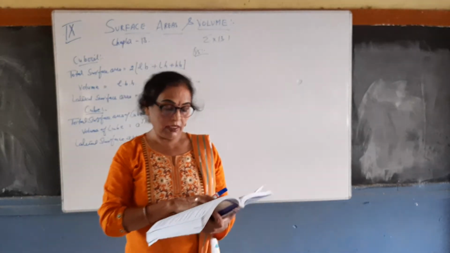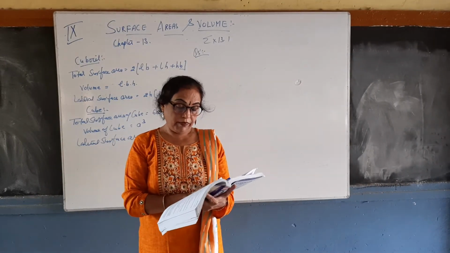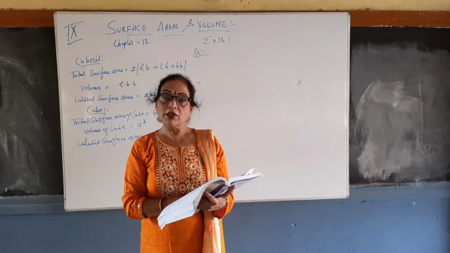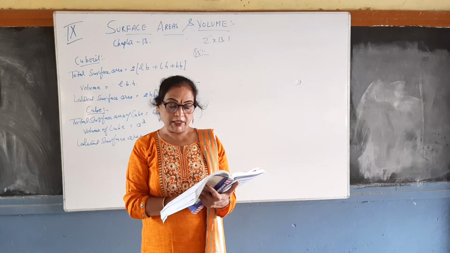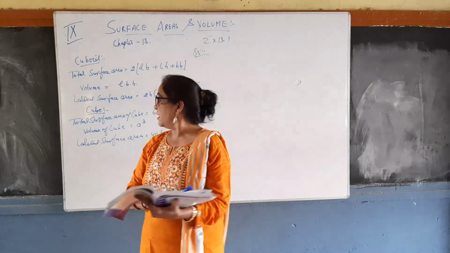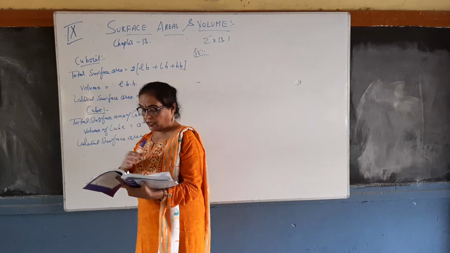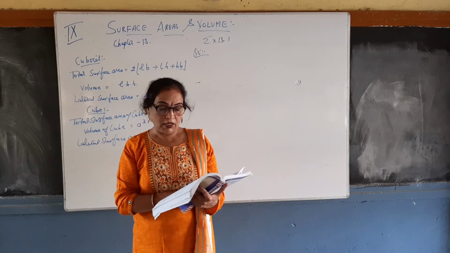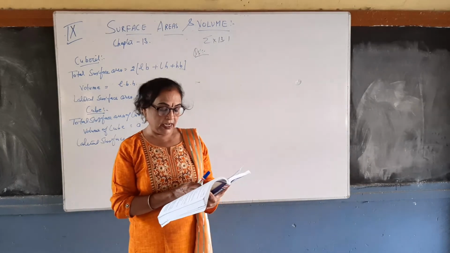See what is given here. A cubical box has edge 10 centimeters, and another cuboidal box is 12.5 centimeters long, 10 centimeters wide, and 8 centimeters high.